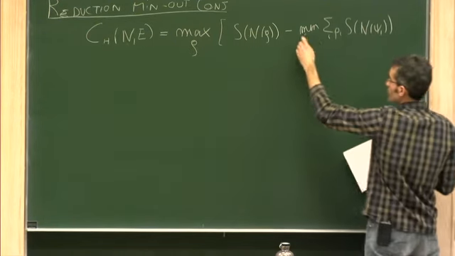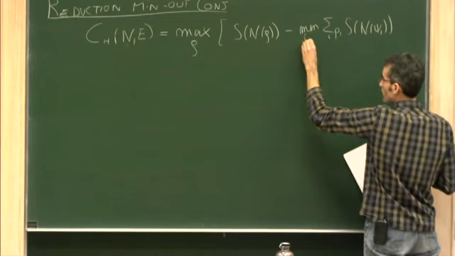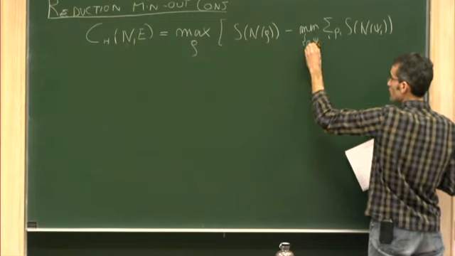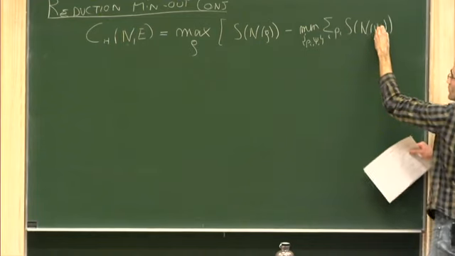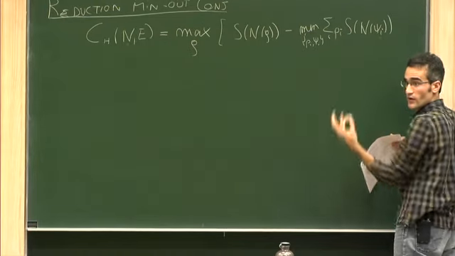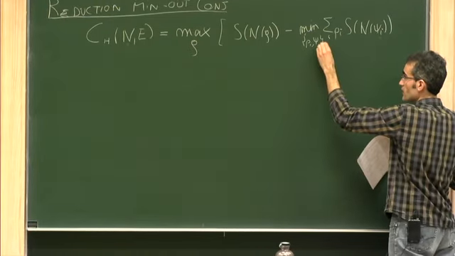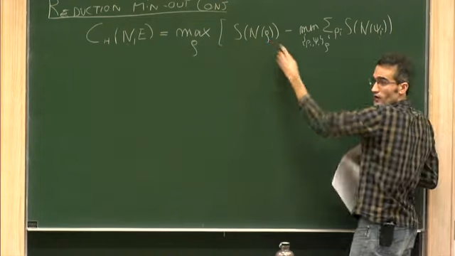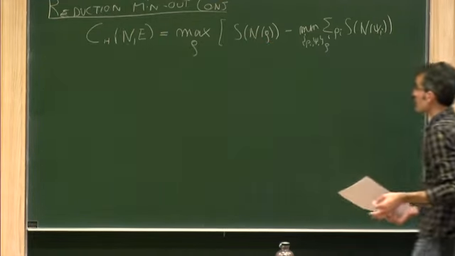Where basically there is an ensemble of pure state inputs. So these pure state inputs and these probabilities give me some ensemble that on average gives me my rho, the average input. That's the condition.